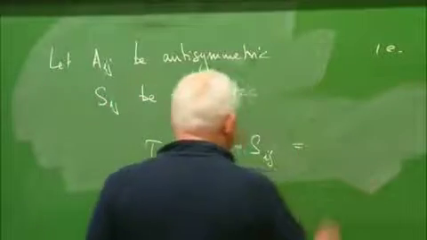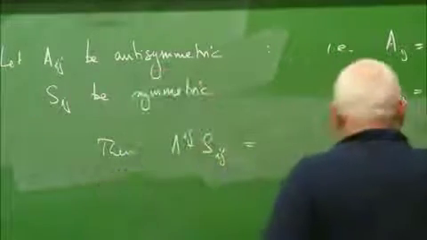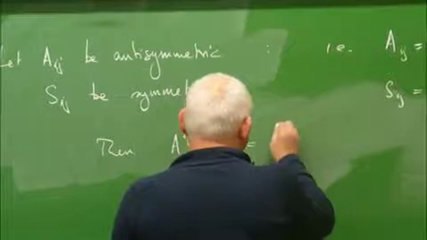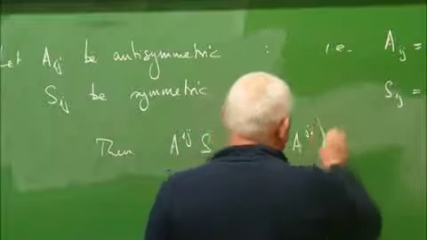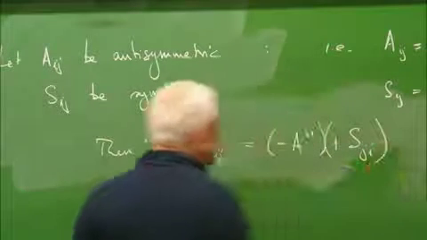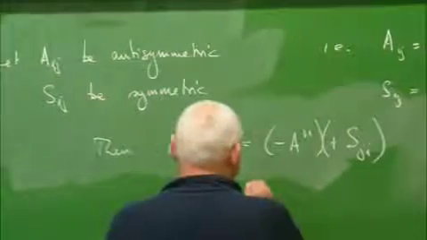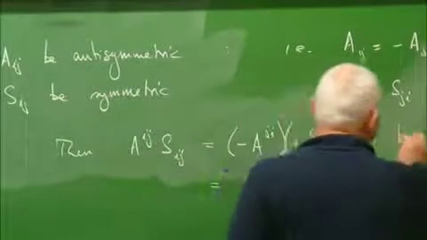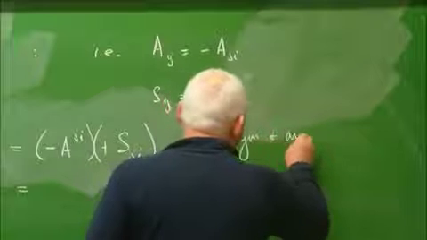Right, so the first thing I'm going to do is use these two properties. So this means that I have minus Aji and plus Sji, which is by symmetry and antisymmetry.